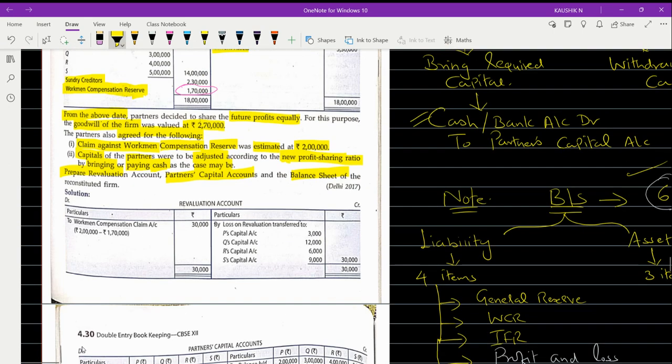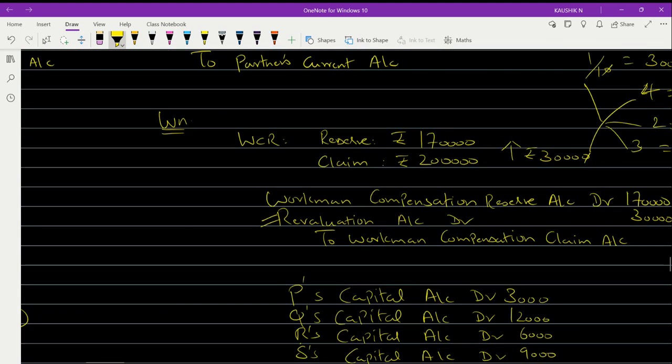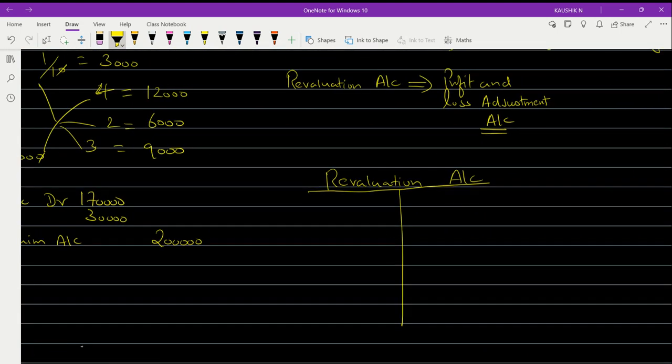So coming to the concept. Partners' capital account we will prepare, but first let us complete this revaluation account. It is also a ledger account, so now I'm going to prepare it, debit and credit side.